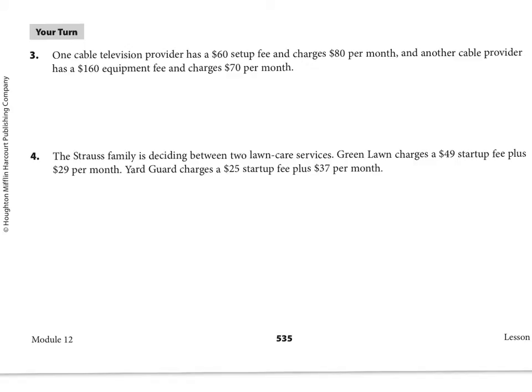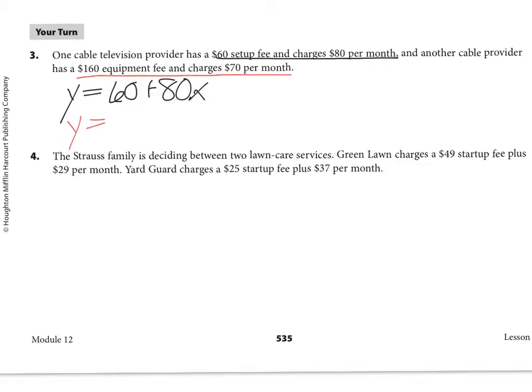So this one I'm going to choose to do a different method. In this case, one cable television provider has a $60 setup fee and charges $80 per month. So y equals 60 plus 80x. The second one has a $160 equipment fee and charges $70 per month. So 160 plus 70x.